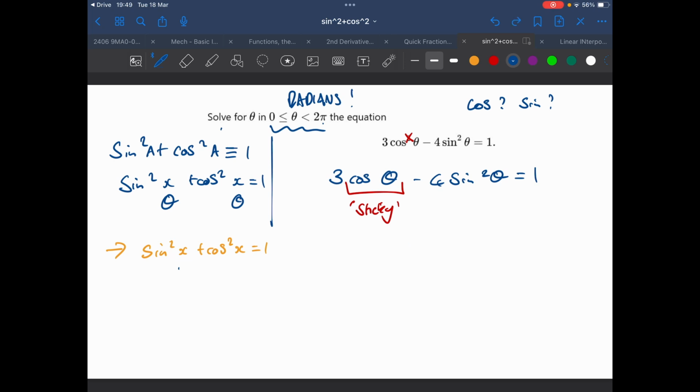So I would keep the sticky term as it is, and I would be looking to substitute out the squared term. Again, this is how we could go about doing it. Sine squared plus cos squared being equivalent to 1 is very, very useful for solving trig equations.